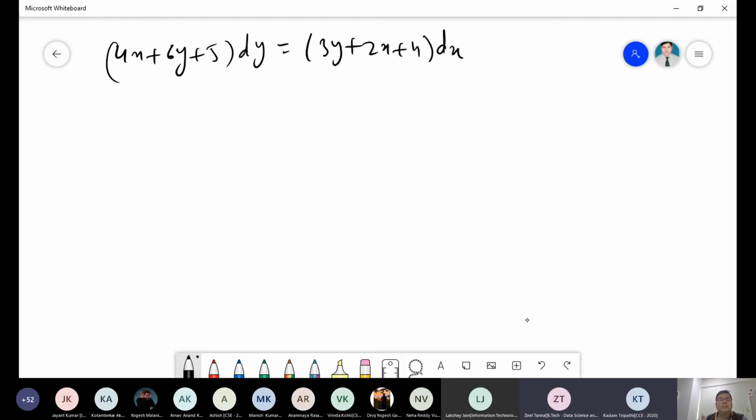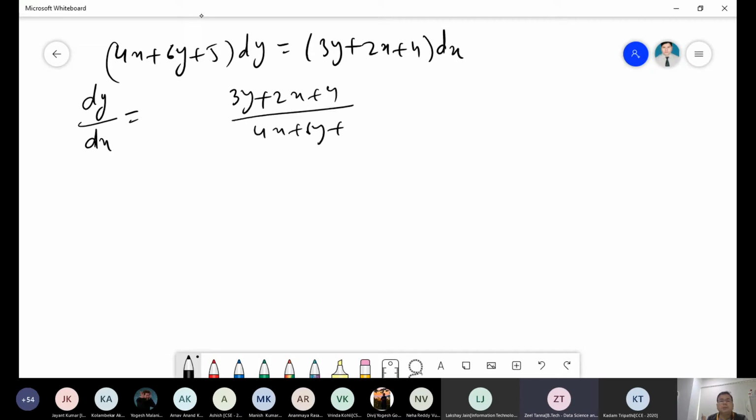Now, this is again a kind of question that, when you go for the exact and non-exact form, but simply when we are talking about the homogeneous equation, it will be dy by dx equals (2x + 3y + 4) upon (4x + 6y + 5).